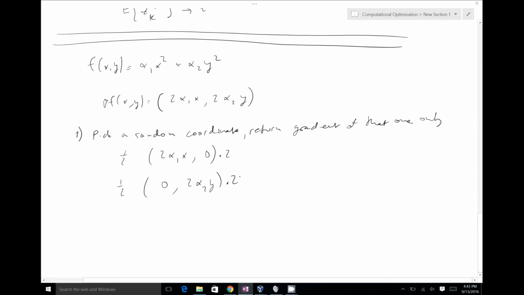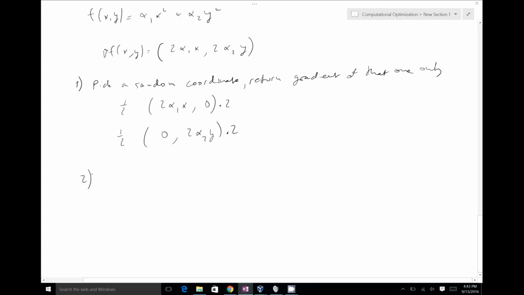The second one I'm going to have you implement is that you pick a random direction and project the gradient in that direction.